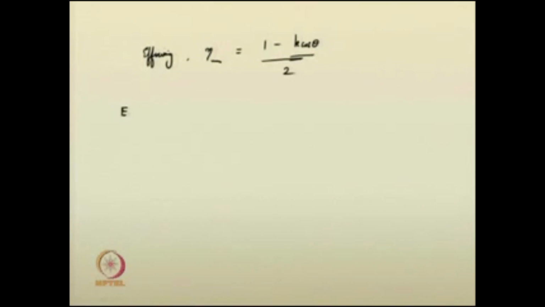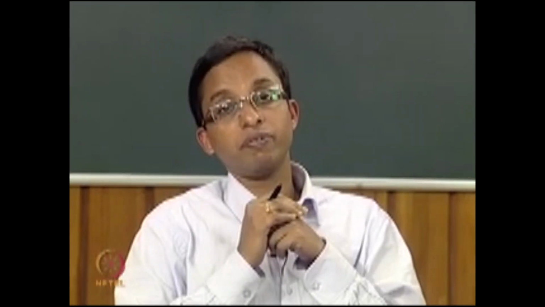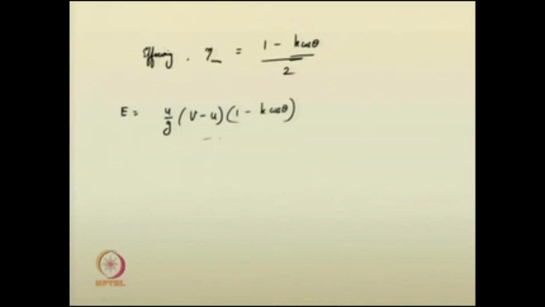Also look into this equation, U by g (V minus U)(1 minus k cos theta). What happens if your vane velocity is the same as the impact jet velocity? There will be no transfer of energy, because this quantity becomes 0.